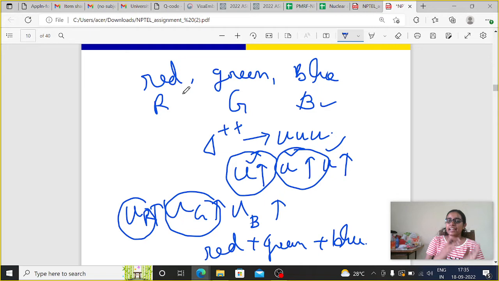So this naming comes only for the colorless concept. As a whole, the UUD of delta plus should be colorless. That's why we write red, green, blue. Do you understand? Yes, ma'am, got the point.